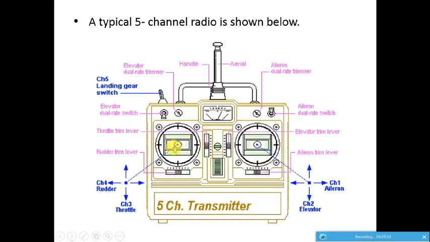Channel 3 is the throttle, which is used to increase the propelling force or thrust of the aircraft by changing the propeller speed. And channel 4 is the rudder, which is the left or right movement of the left control stick in the transmitter. It causes horizontal rotation to right or left, causing a yawing moment in the aircraft.